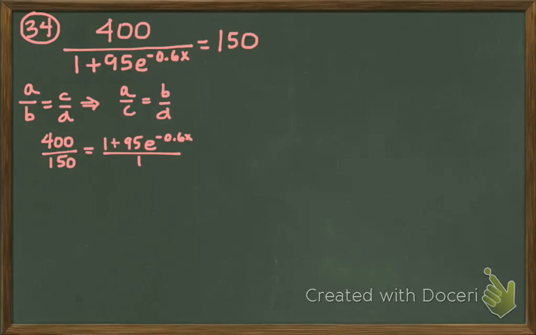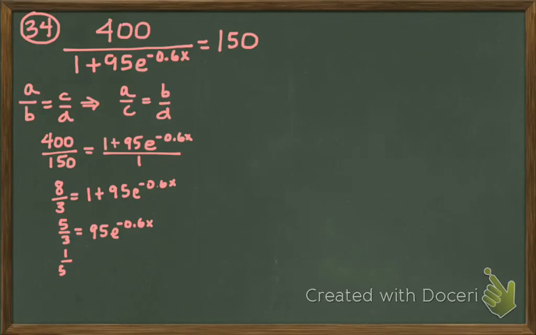And then when I reduce my 400 over 150, I get 8 over 3 equals 1 plus 95 e to the negative 0.6x. Then I would subtract 1 from both sides, so 8/3 minus 3/3 is 5/3 equals 95 e to the negative 0.6x. And this is where if you multiply both sides by 1 over 95, your fraction would reduce to 1 over 57.